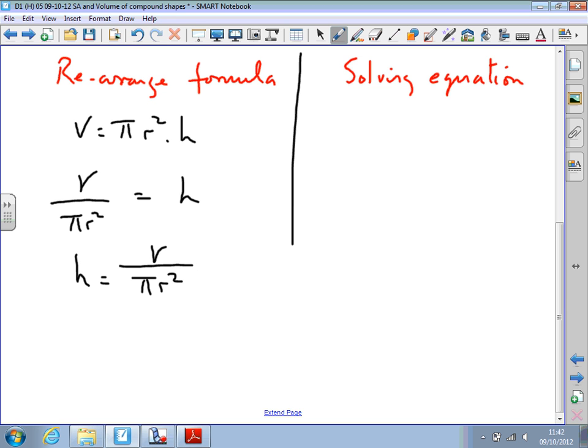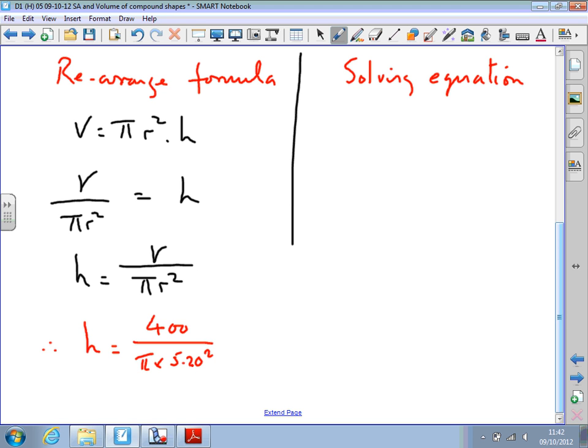So now I just plug in the numbers. I know the volume and I know the radius. So I can write, therefore, h, the thing I'm after, equals the volume, 400, over pi times whatever the radius is, and that turned out to be 5.2 squared.